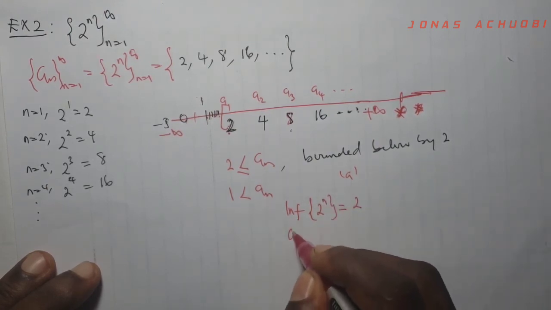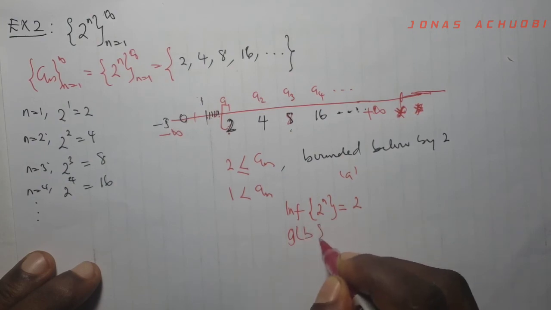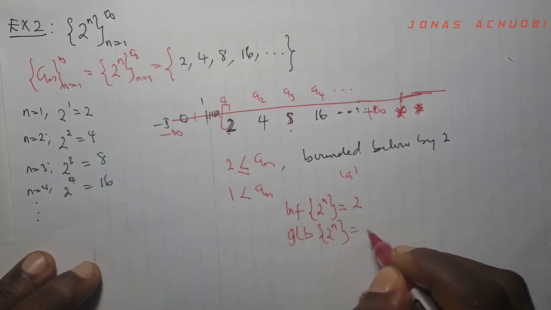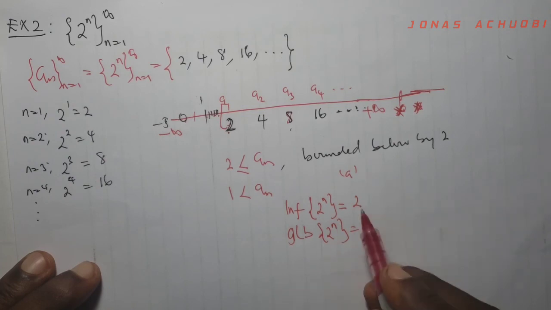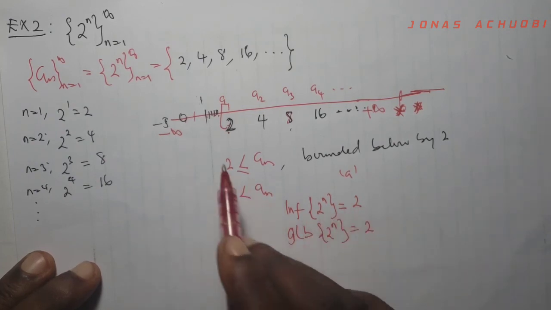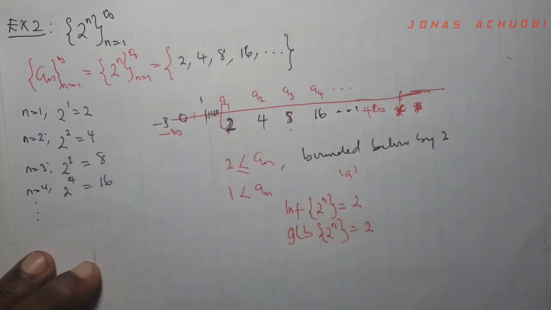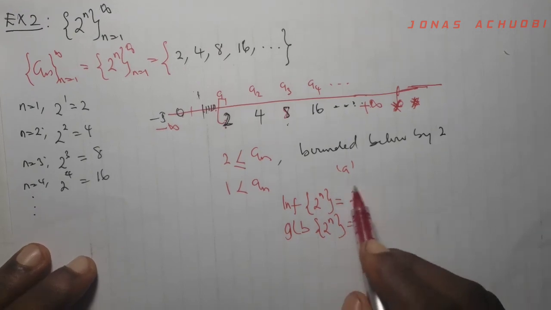Infimum, or greatest lower bound, GLB, of 2 raised to the power n is equal to 2. What are we saying? That of all the lower bounds of the sequence, which are infinitely many, the one that is of interest to us is the infimum. And what's the infimum? The greatest of all the lower bounds. And here it is 2.